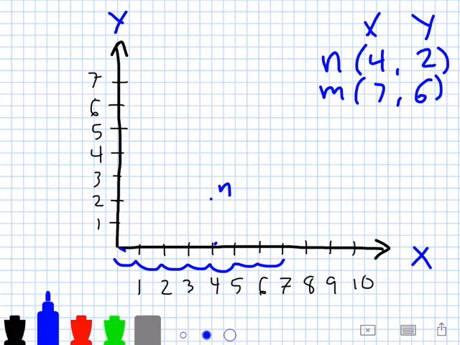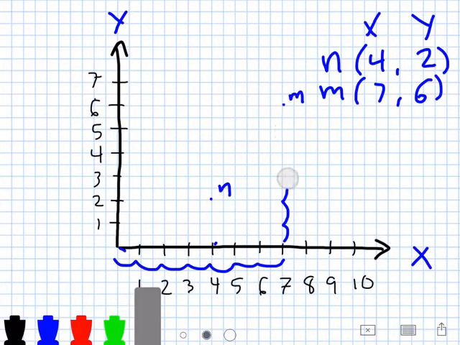And now you can see that our y value for that point is going to be 6. So I need to move 6 units up. 1, 2, 3, 4, 5, 6. So right there is going to be point M. So I'll plot it and label it.